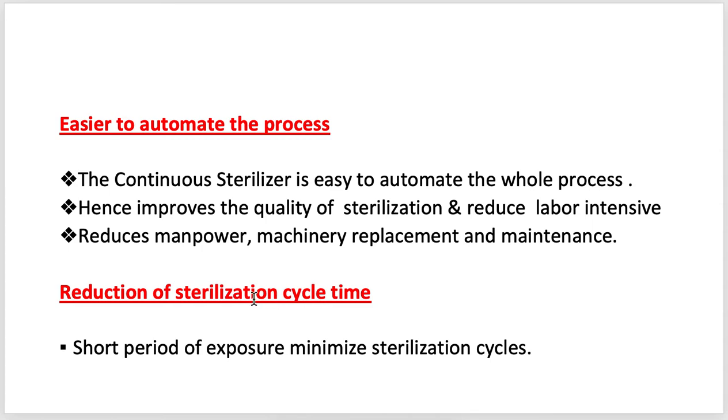Then another advantage: reduction of sterilization cycle time. A short period of exposure minimizes the sterilization cycle, because in batch sterilization the exposure time is longer, that means the sterilization cycle will be longer, but in continuous sterilization the exposure time is very short. So the sterilization cycle is also short.